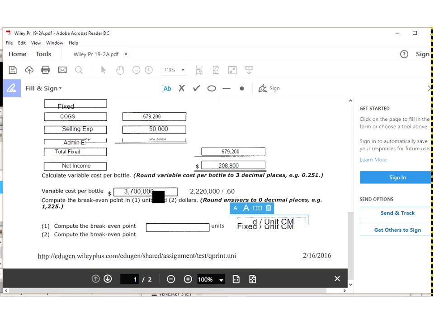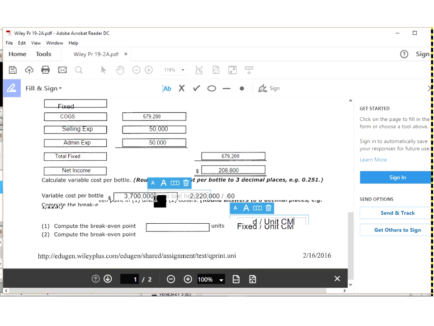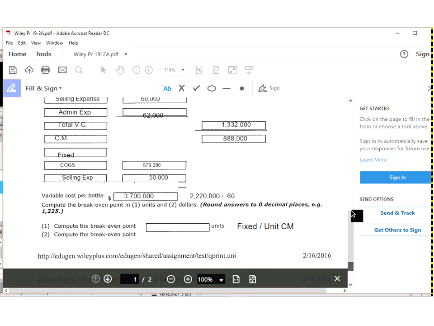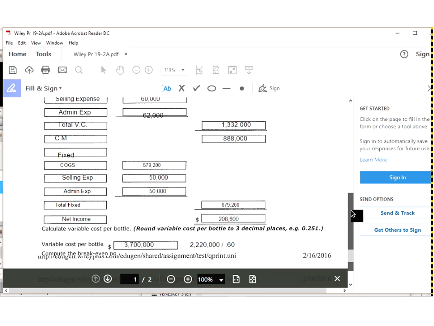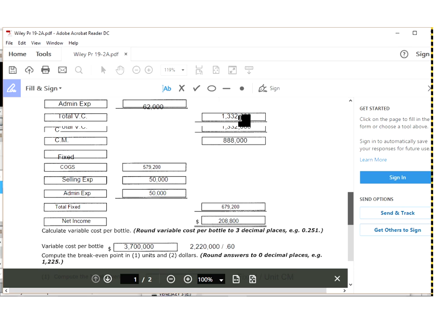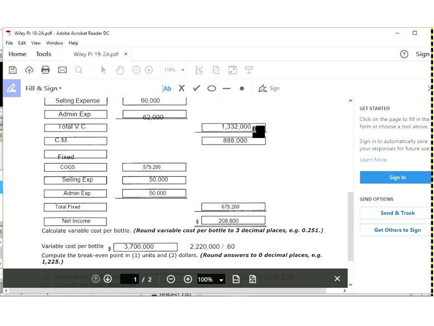And that reminds me that I actually put this answer in incorrectly. I don't have somebody in the classroom raising their hand to tell me. What I put in here was how many total units I sold. Well, that's good, but that's not what the question asked for. The question actually asks me, what's the variable cost per unit? Well, I needed to know how many units I sold, and I need to spread out those units over the cost here.